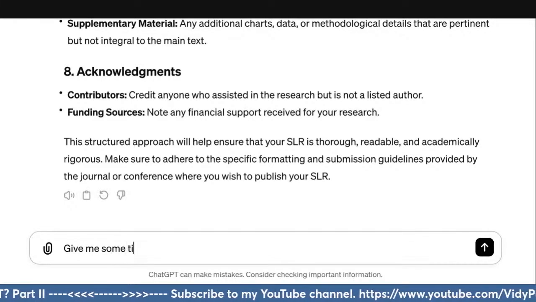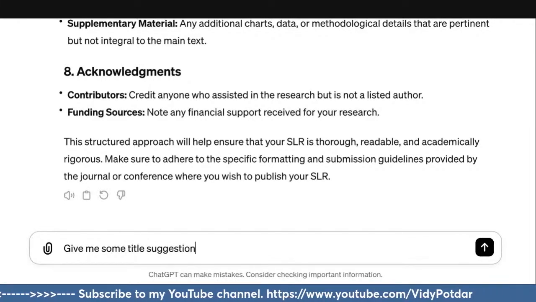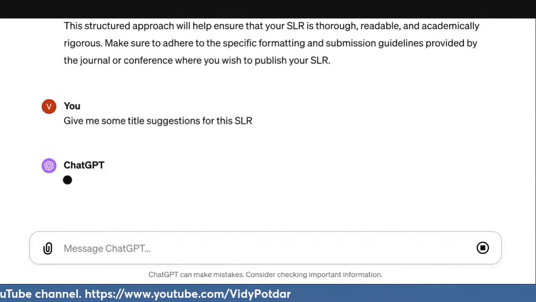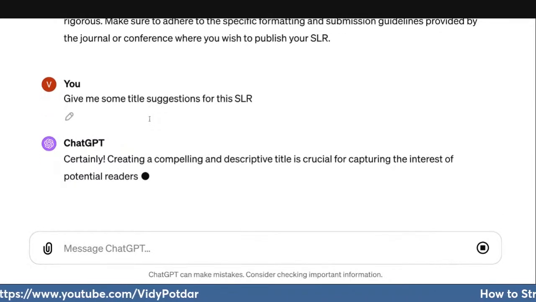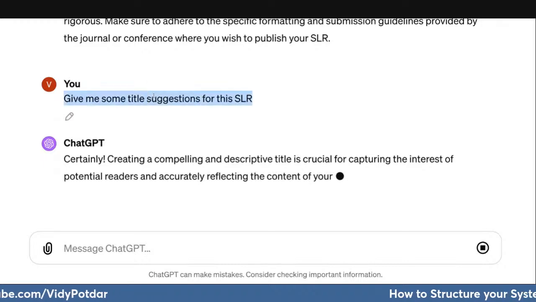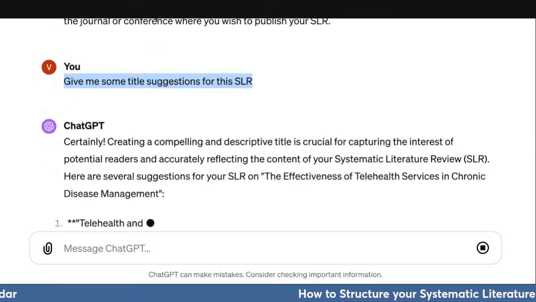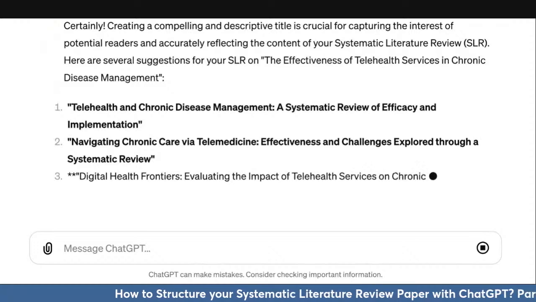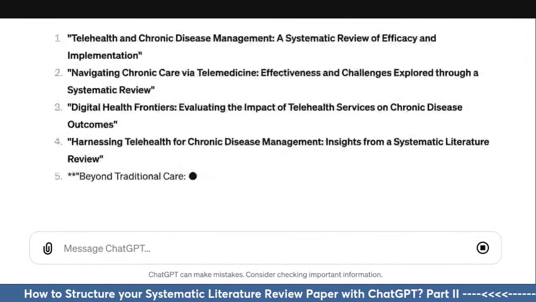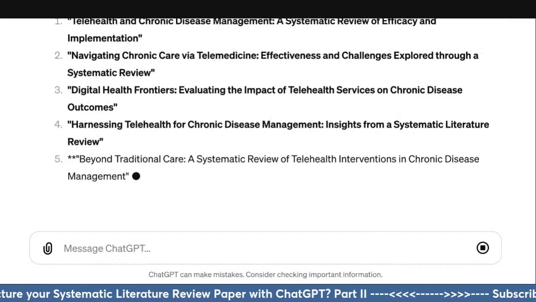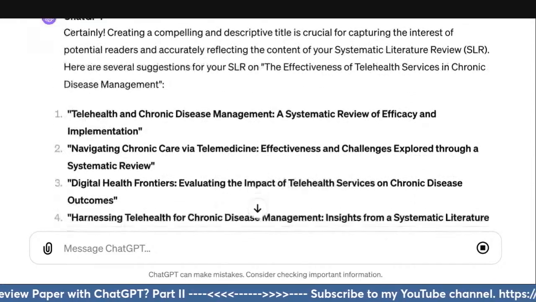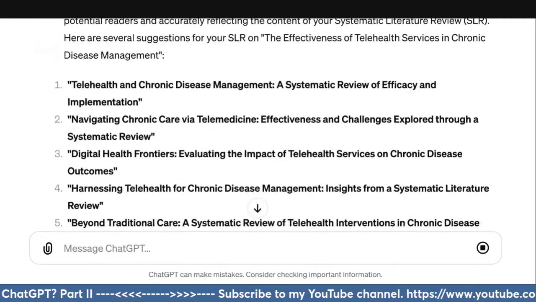Give me some title suggestions for this SLR. Okay, so we have got a number of suggestions here.